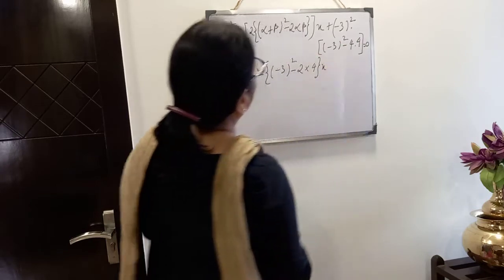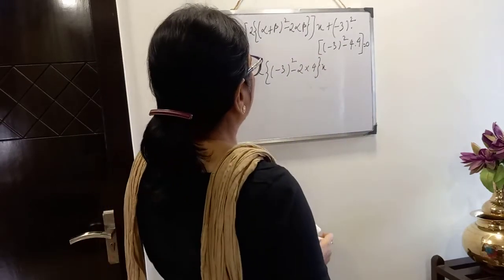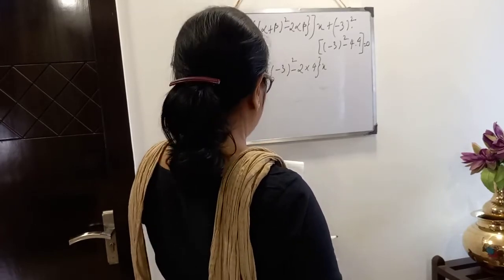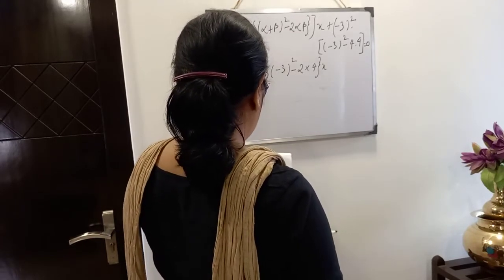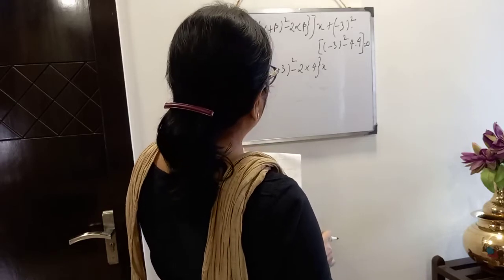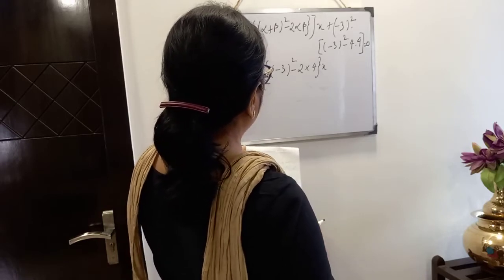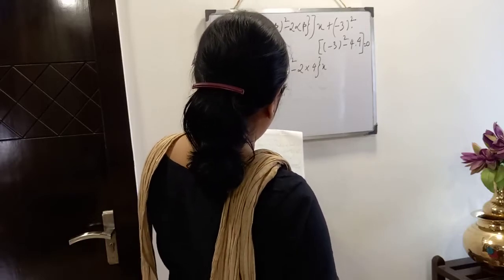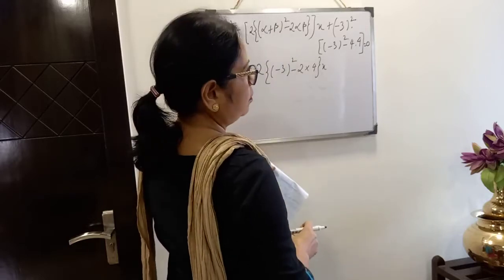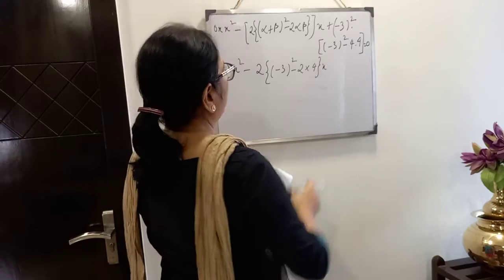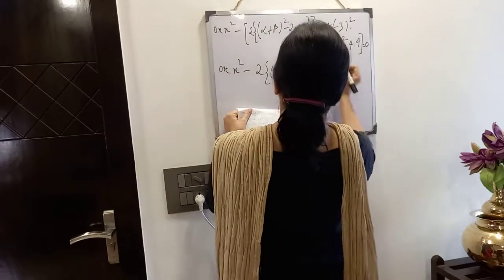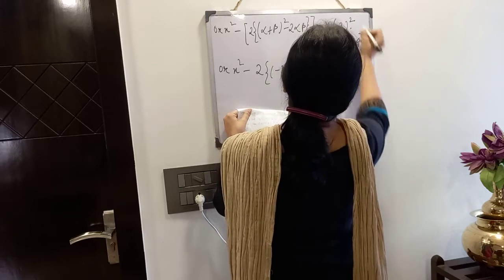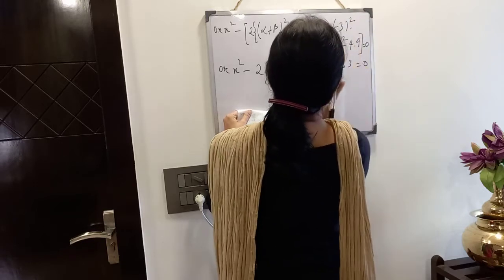Now do this calculation. 3 whole square means 9, and then 9 minus 36. That means, now 4 4s are 16. 9 minus 16, minus 16 minus 4. So it is becoming minus 63. After calculation it is becoming minus 63.